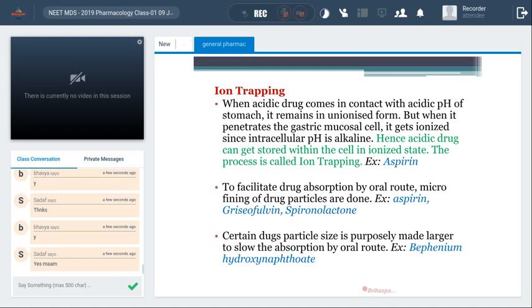That is called ion trapping, and this is the reason for the severe incidence of gastritis seen with aspirin. I hope it is understood. Aspirin, an acidic drug, remains unionized in the acidic gastric medium, but it penetrates the gastric mucosal cell where it becomes ionized and remains within the cell, which is called ion trapping, which is a reason for its high incidence of gastritis, damage to the gastric parietal cell. Have you all understood?